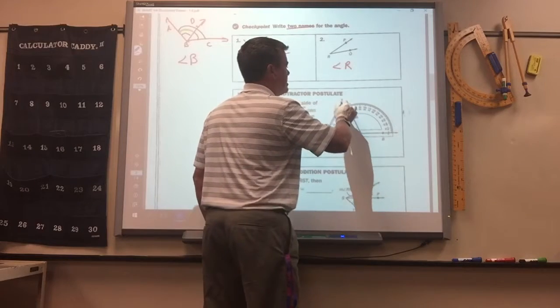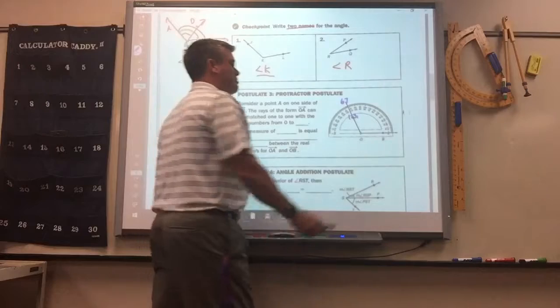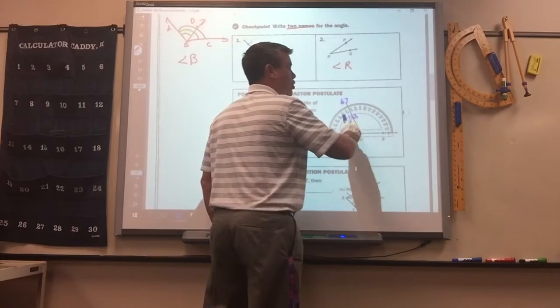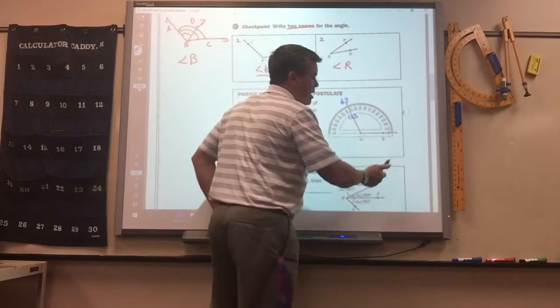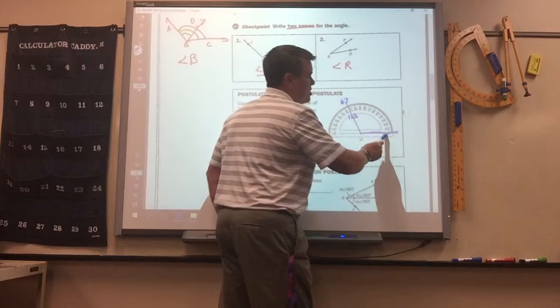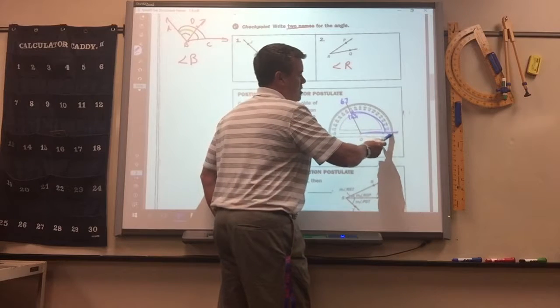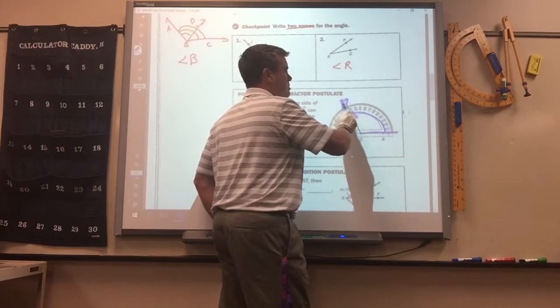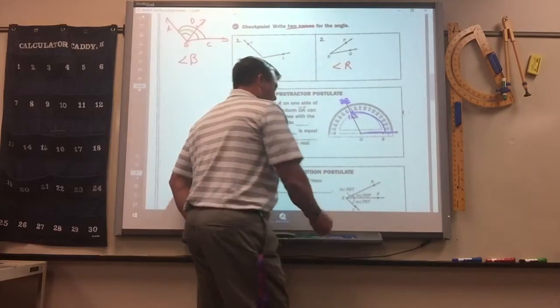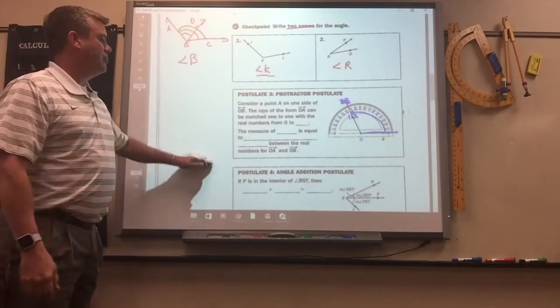Or on this side, it's 67. It's 113 because it's obtuse. It's over a 90. And the way you can tell is, since this is the bottom of my angle, I gotta start at the 0 and count up from there. I don't wanna start at 180 and go backwards. When we get to the protractors, we'll spend a little more time on it.